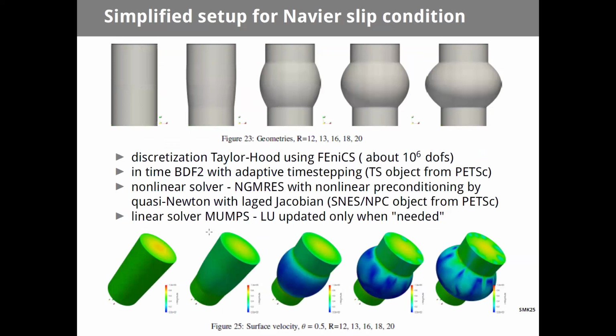So then we try to play with this slip boundary condition. This study is directly on aortic flow. On the aorta near the heart, you have something called the sinus of Valsalva, some natural widening of the aorta.